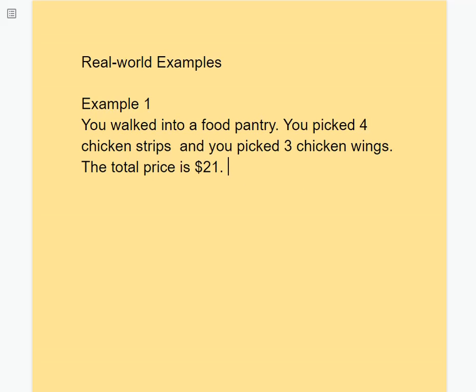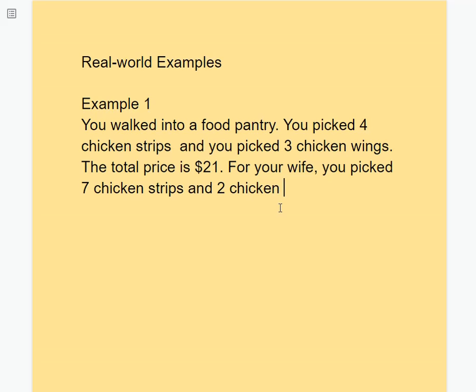Okay, and then you do the same for your wife. You want to get an order for your wife, and because your wife loves more chicken strips and fewer chicken wings, you went ahead for your wife. You picked 7 chicken strips and 2 chicken wings.